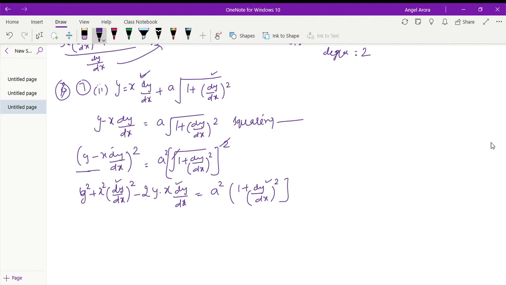So order and degree will be defined, and order will be 1 because it is first order derivative. And degree will be the highest power of the highest order derivative. So highest power is 2 here, so degree will be 2. Question number 8, first part.